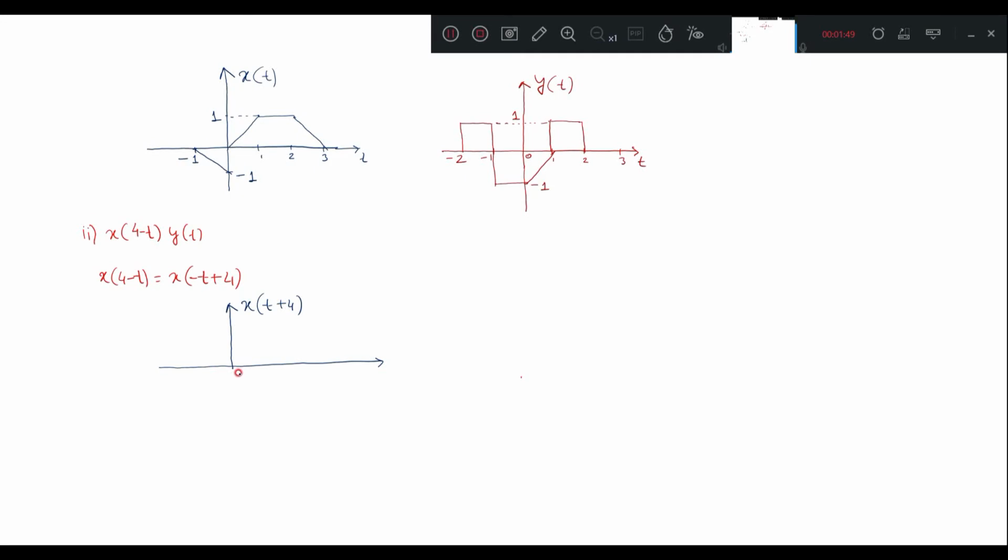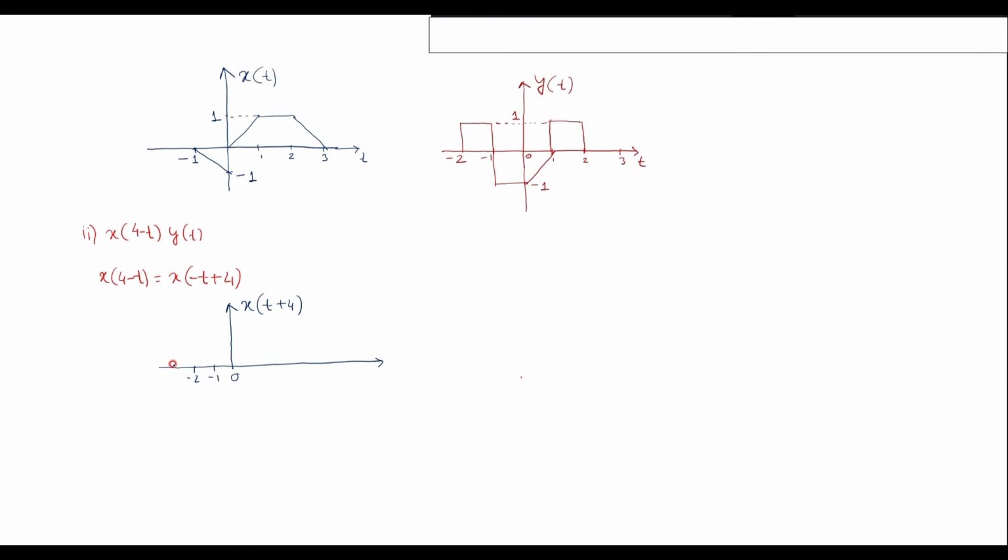That is, say this is 0, minus 1, minus 2, minus 3, minus 4, minus 5, minus 6.